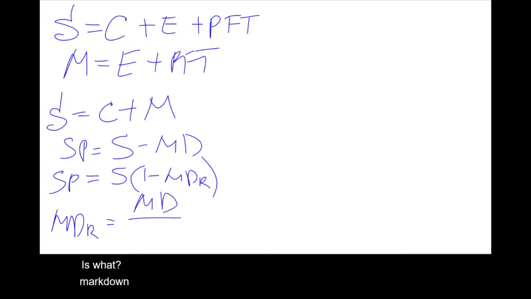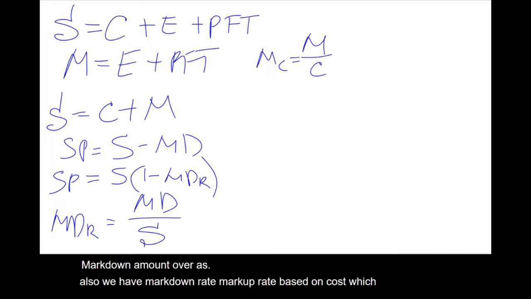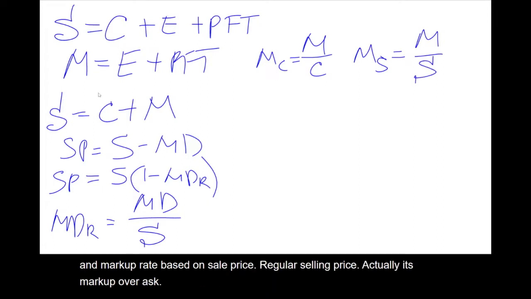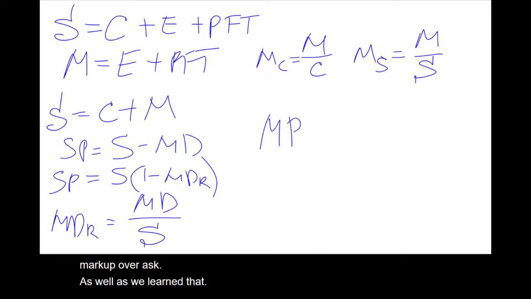Markdown amount over S. Also, we have markup rate based on cost, which is M over C, and markup rate based on sale price, regular selling price actually, it's markup over S. As well as we learned that future discount can be embedded inside of the price.